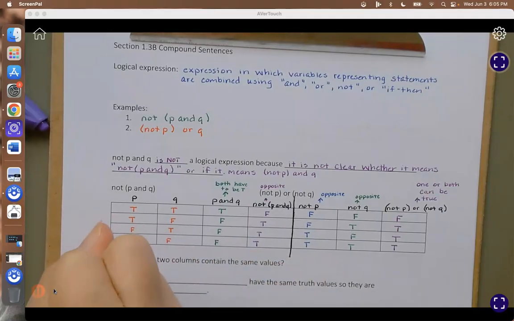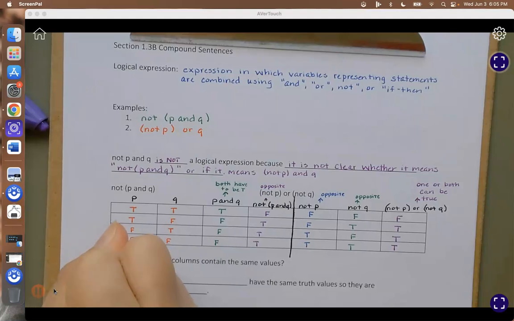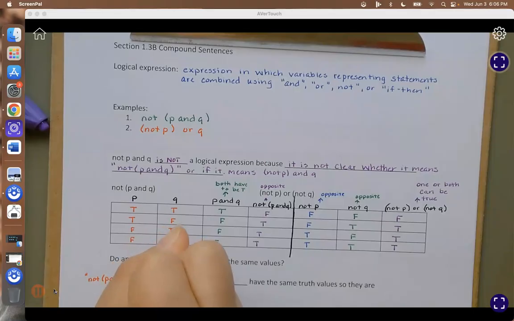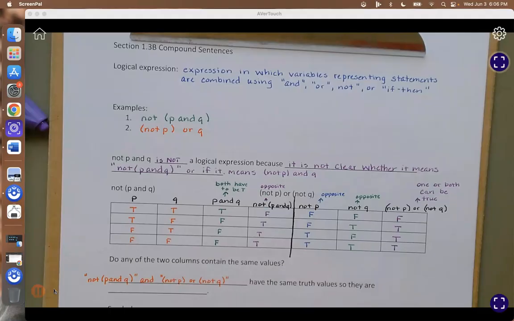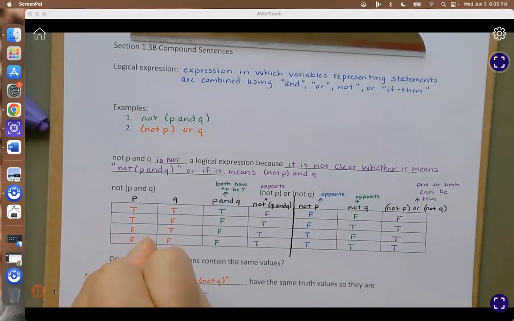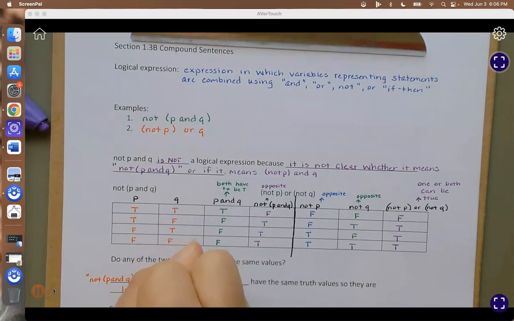So you have not P and Q and not P or not Q have the same truth value. So they are logically equivalent.